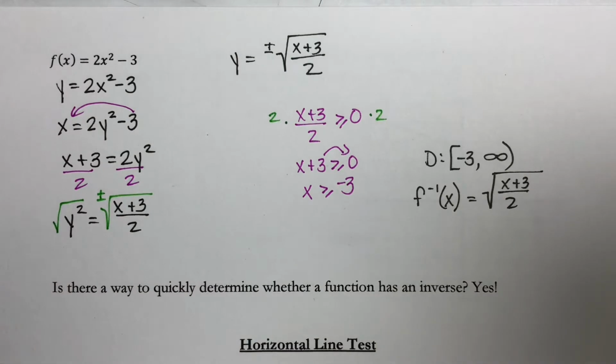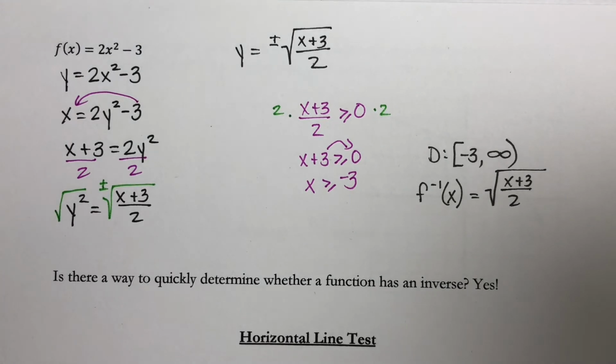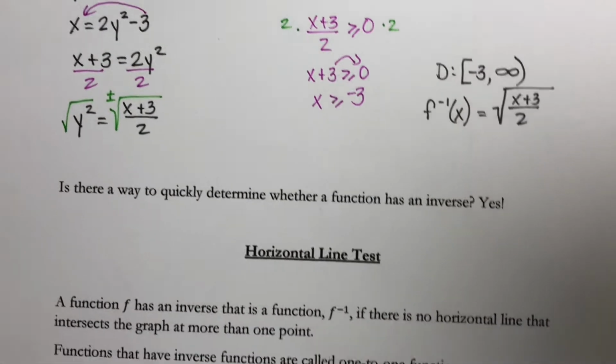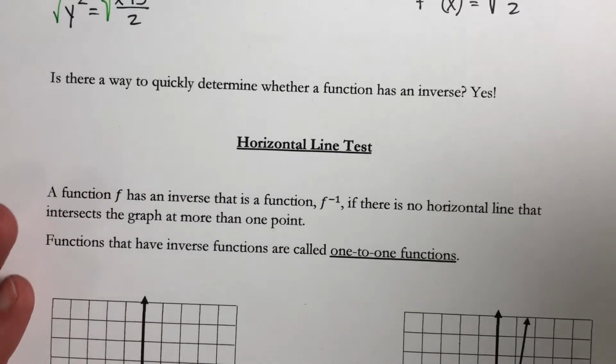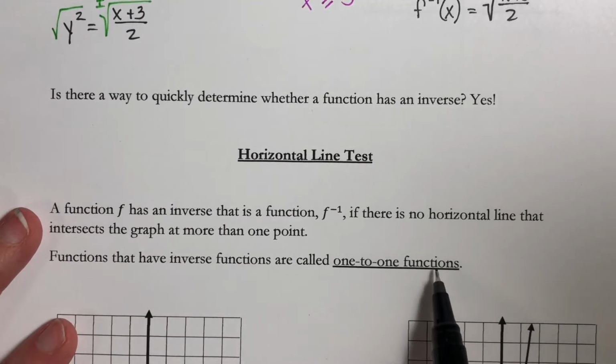Okay? Now, it's normal to wonder if there is an easier way to decide whether or not the equations you are given have inverse functions. And there is. There's something that is called the horizontal line test. Just a side definition, okay? Functions that have inverse functions are called one-to-one functions.